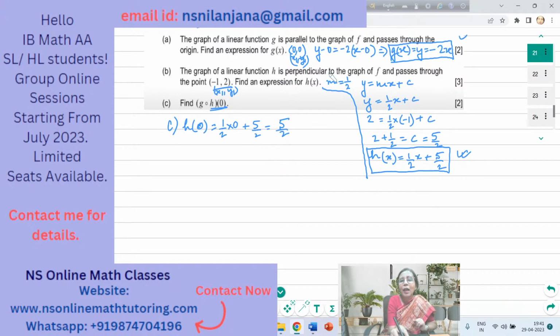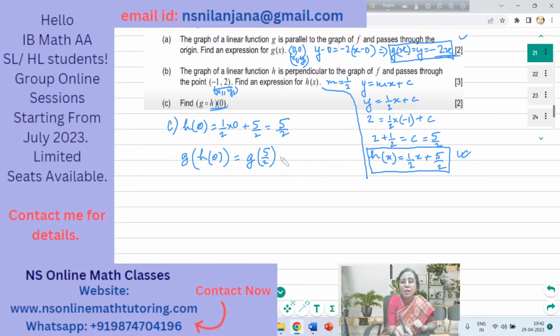Okay? And so this will be g of h of 0, which is equal to g of 5 over 2. That means x equal to 5 over 2. We will be substituting 5 over 2 in place of x in the expression of g of x, which is minus 2x.